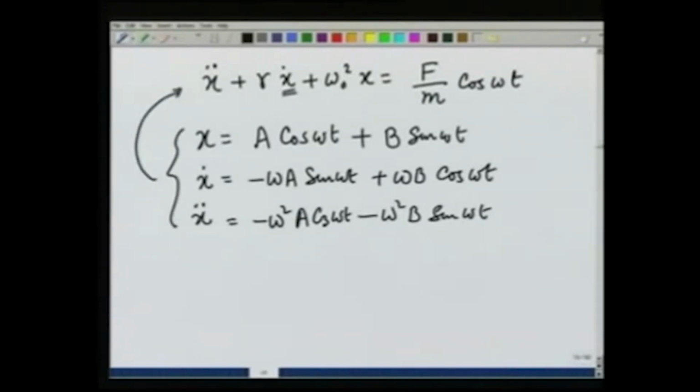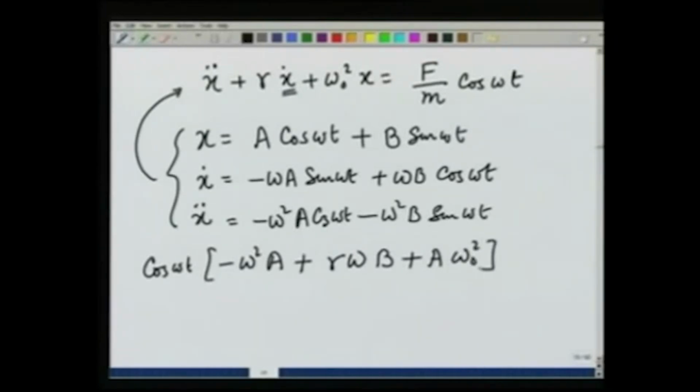in this equation, and collect cosine omega t and sine omega t terms together, I am going to get cosine omega t times minus omega square a, from this term I am going to get plus gamma omega b, and from the last term I am going to get plus a omega 0 square.